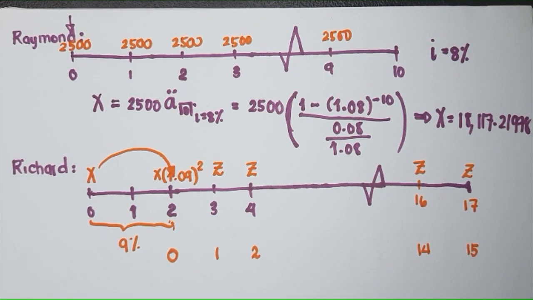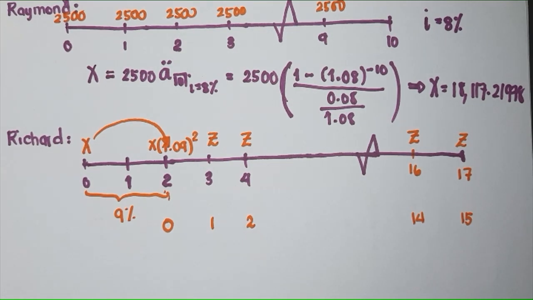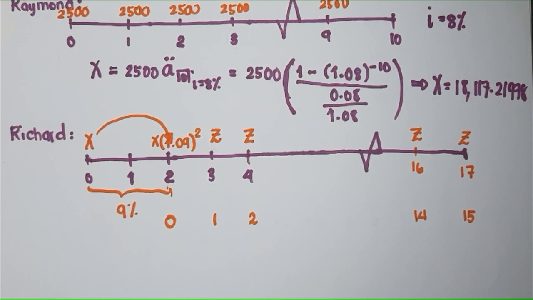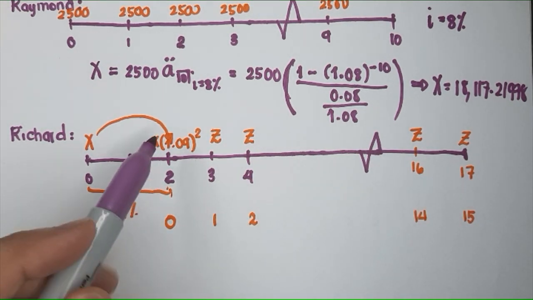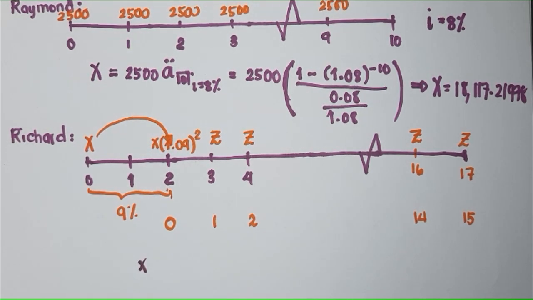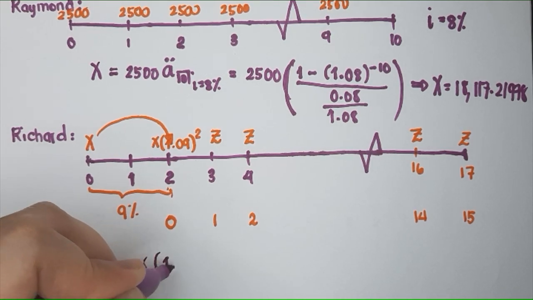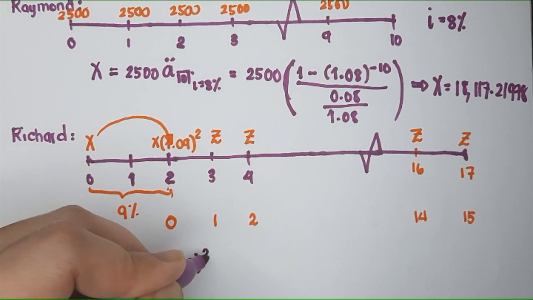And then, to finally get Z, you need to think again of the equation of value. What is the equation of value? Money paid out equals money coming in. And you have to value them at the same comparison date. So how much did Richard pay out to buy this Z? Richard paid out X times 1.09 squared.